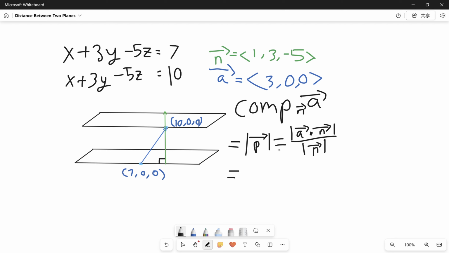Okay, so if we evaluate this, the dot product is going to be 3 plus 0 plus 0, so the dot product is 3. The magnitude of vector n is going to be root 1 squared plus 3 squared plus 5 squared, which is 1 plus 9 plus 25.